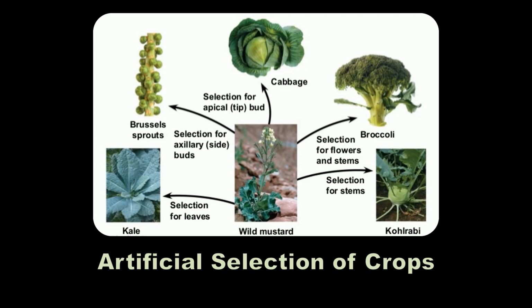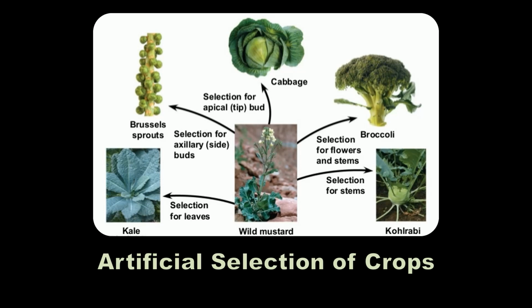But some members are going to have those balls close to the stem, and they get Brussels sprouts instead. Or you select for the flowers, bigger and bigger clusters of the flowers. They change their color a little bit, and that's where you get broccoli from. Or you select for larger root bulbs, and then you get kohlrabi, the bigger portion of the stem and root structure, and you get that vegetable instead.